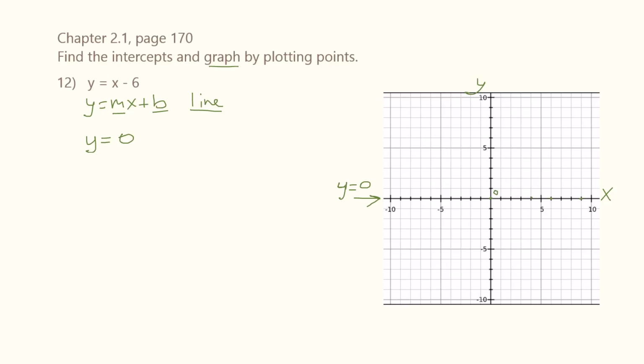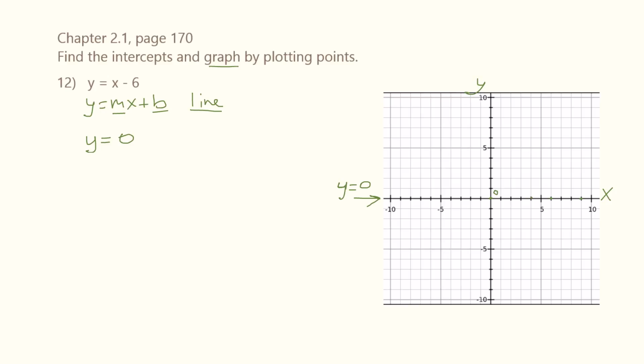So I want to know when y equals 0, where are we on our line? I don't know if any of these points here that I've just drawn are actually on my line, y equals x minus 6. So what I need to do is find out when y equals 0, where does my line fall?